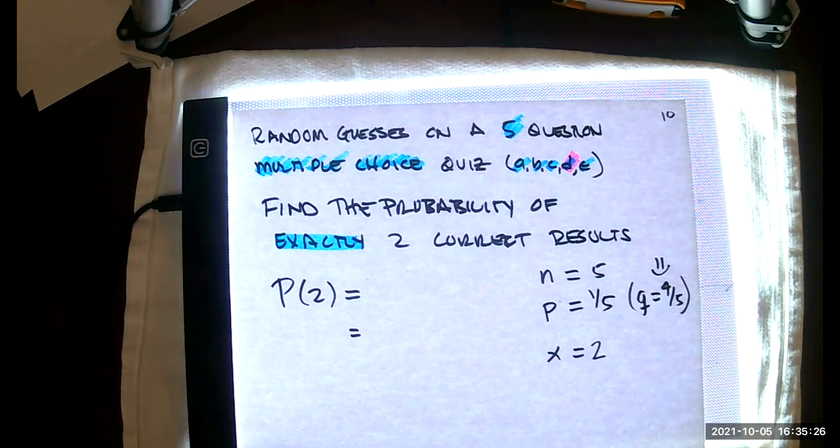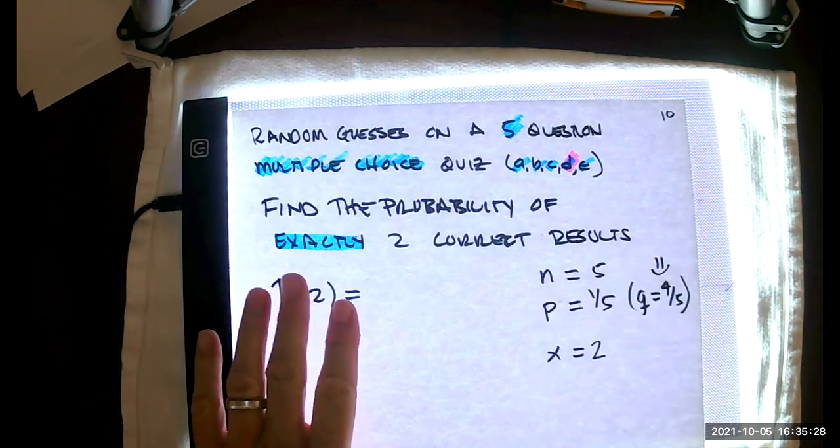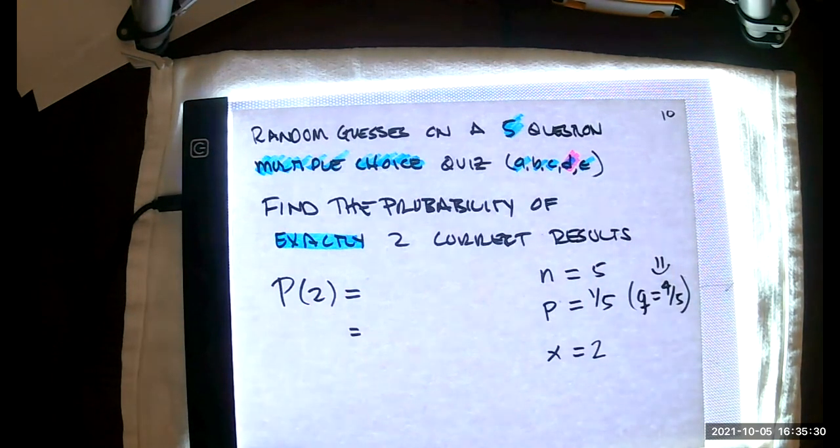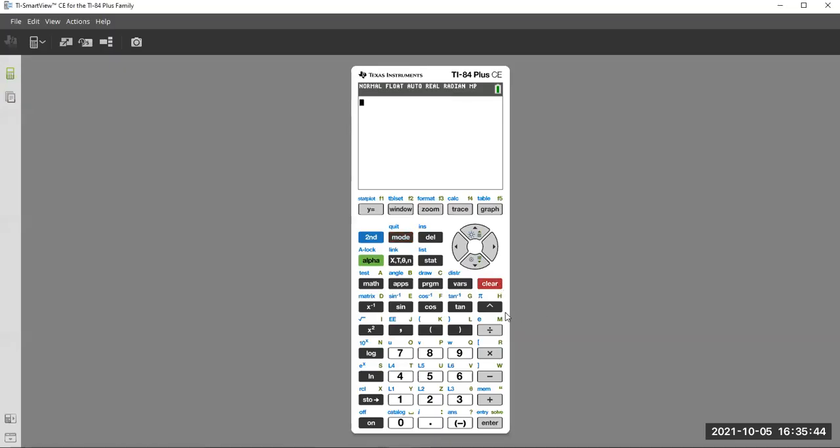So with that ready to go, I can now come back and actually answer the question. Let me share my screen. There you are. Clear you out. So, second distribution, PDF.